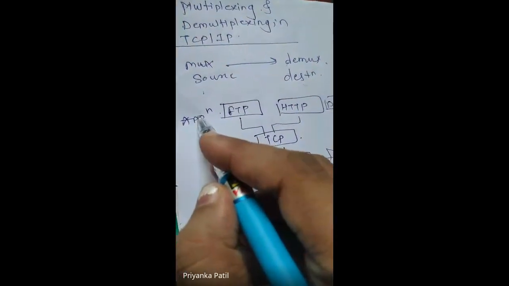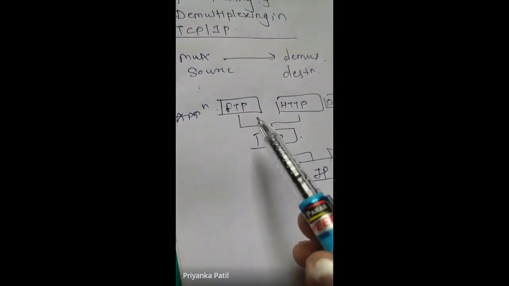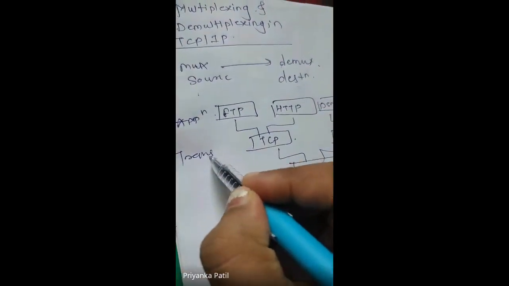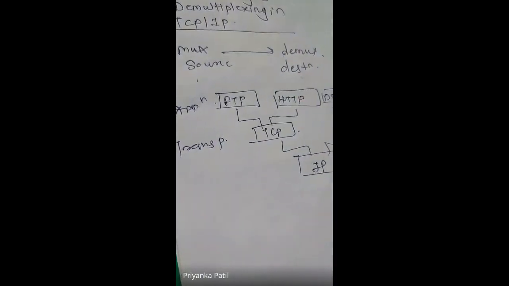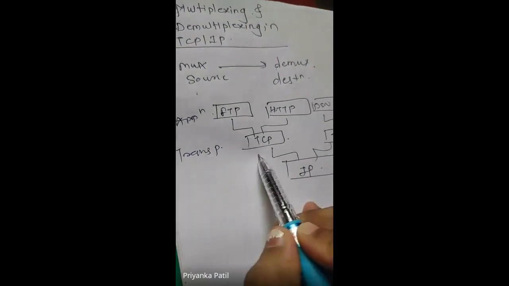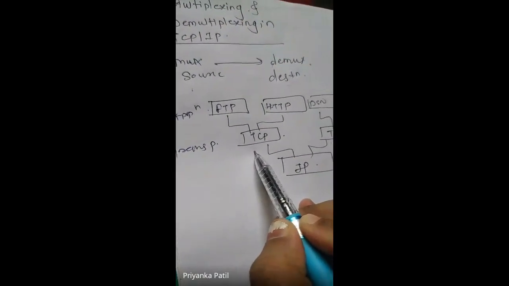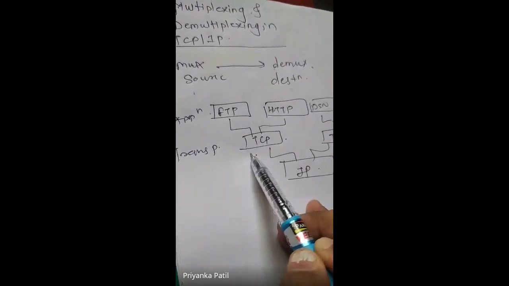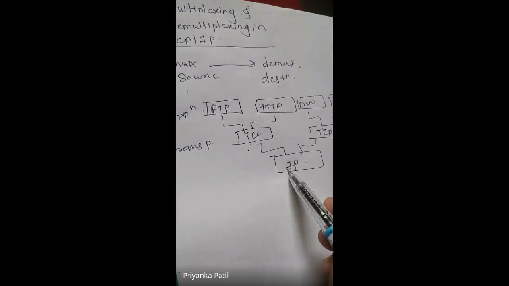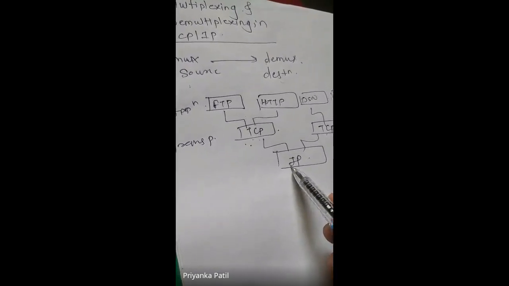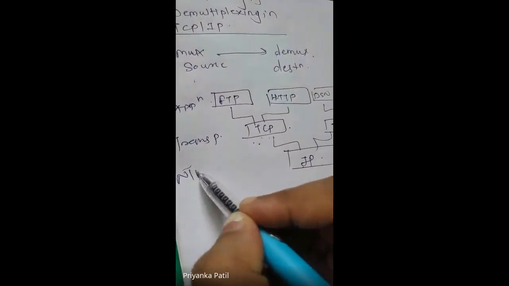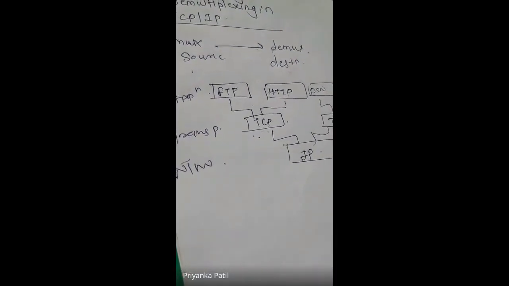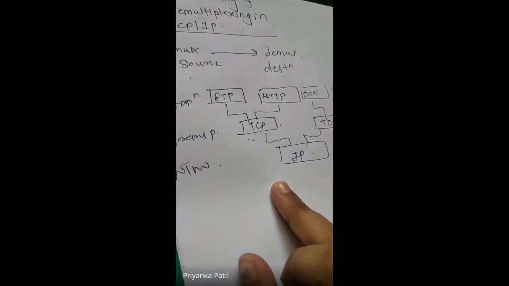Means the application layer has n number of protocols. In the transport layer, we combine the above two protocols and create one, means we combine two data streams into a single one. Again, we combine the above two streams into a single one at the next layer. So basically, this is the process of multiplexing, which is shown in the figure.